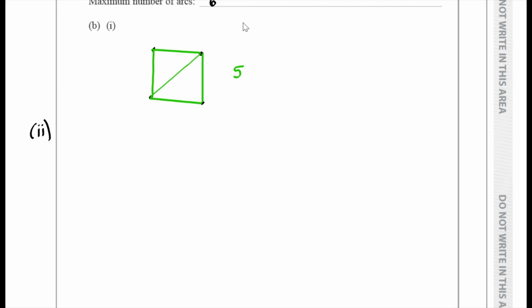Let's just show these. We have this which has 3, this which has 3, this which has 2, this which has 2. Over here, of course, I'm referring to the order.